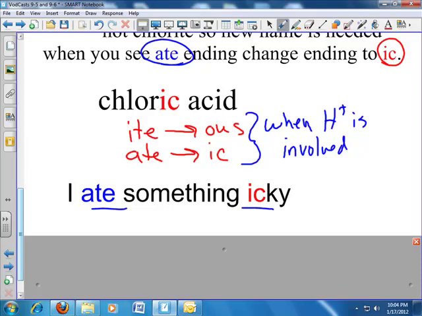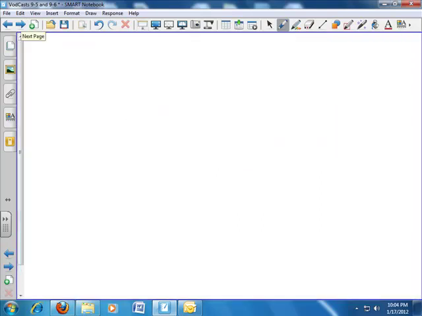Essentially what we need to do is practice this. So take out your polyatomic ion sheet, and we're going to go through a bunch of different examples. Let's look at H2SO4. This is an acid, and I want to find the name of SO4.